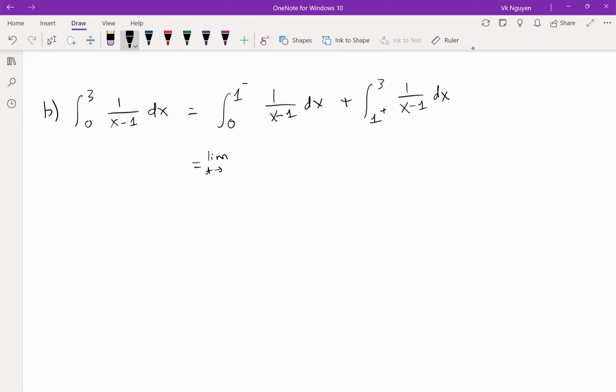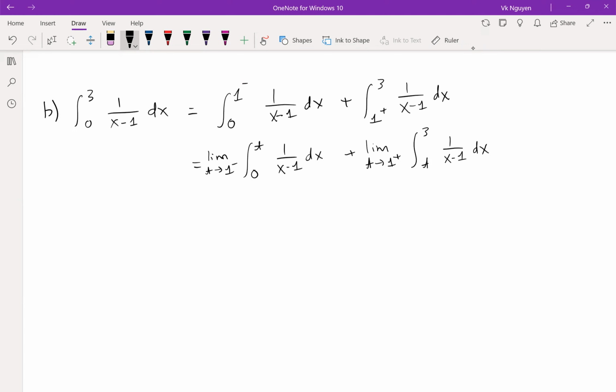Limit t approaches 1 on the left side of the integral from 0 to t of 1 over x minus 1 dx. The other one is the limit t approaches 1 on the right side of the integral from t to 3 of 1 over x minus 1 dx.